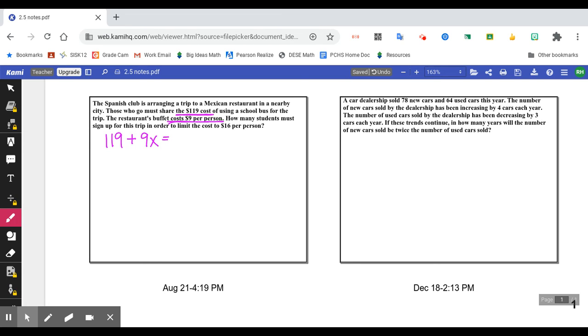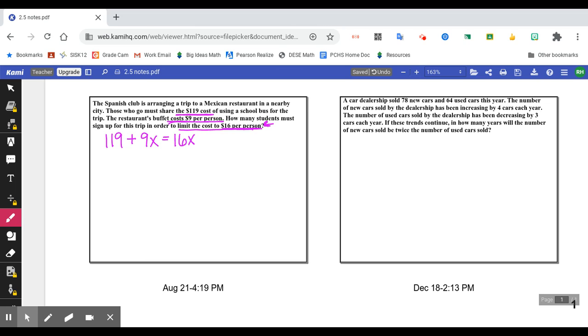Equals, we don't really have a total, but we want to limit the cost to $16 per person. Well, again, this is going to happen over and over again because it's for every person that is there. So we want this to be the same as paying $16 per person. Here are your variables on both sides.